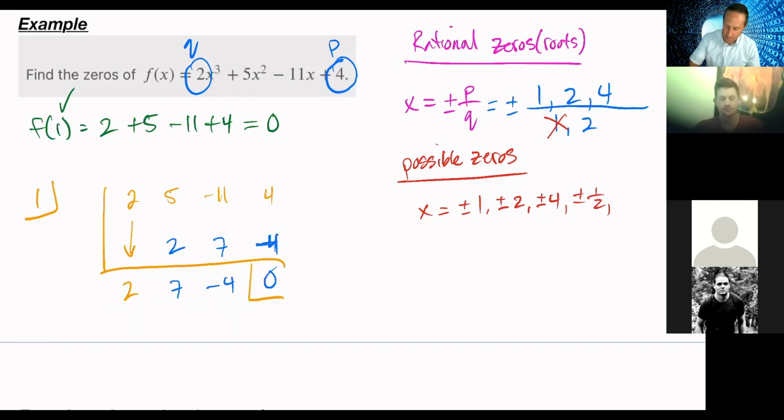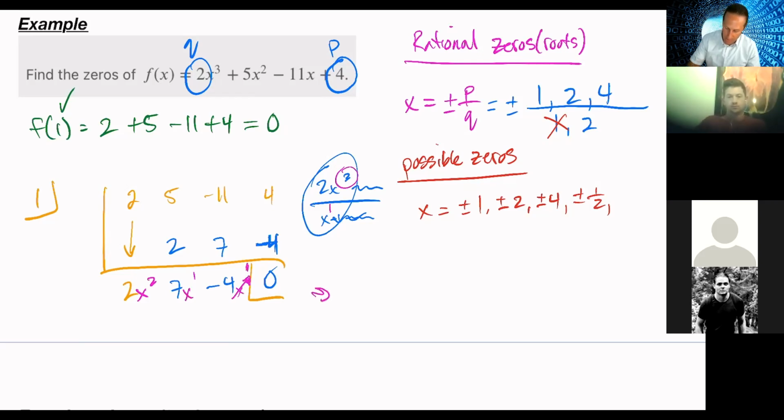I knew I had the 2x cubed and some stuff, and I divided it by x minus 1, so I knew that I was going to get a 2x squared here, because that's cubed, and this is to the first. And then this was going to be x to the first, and then just my constant.